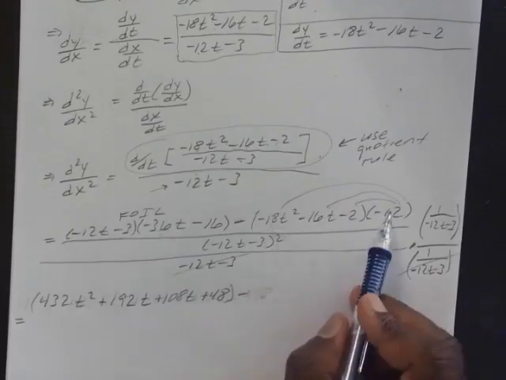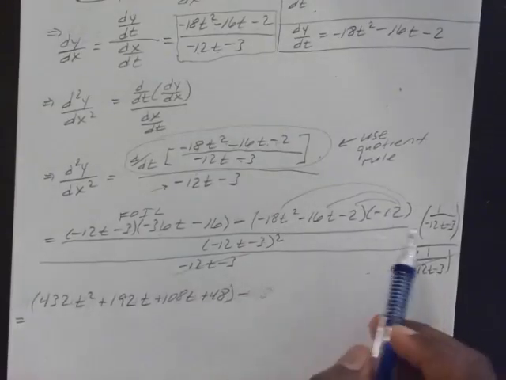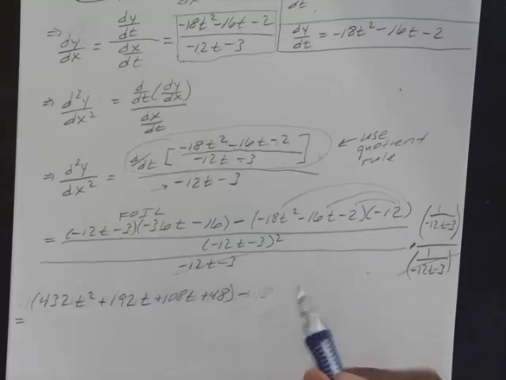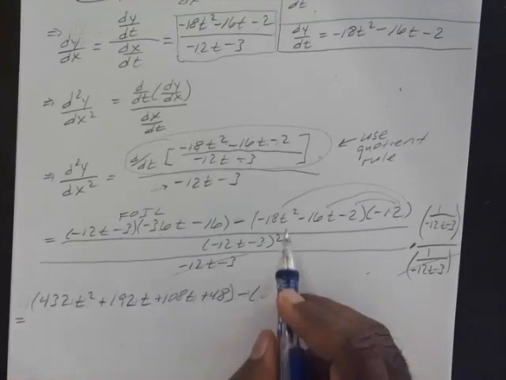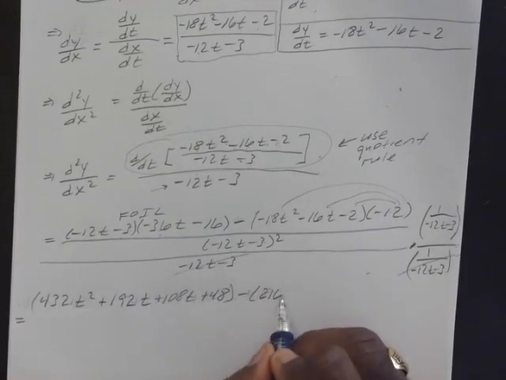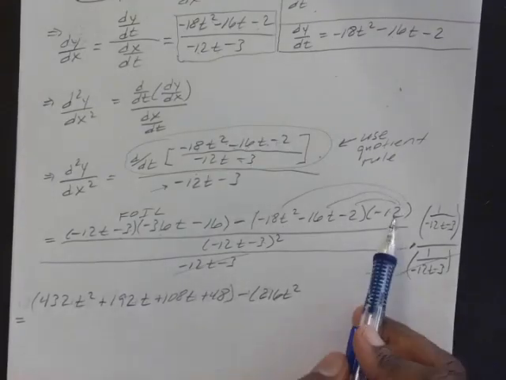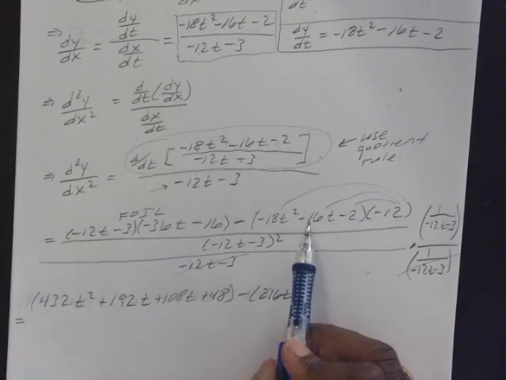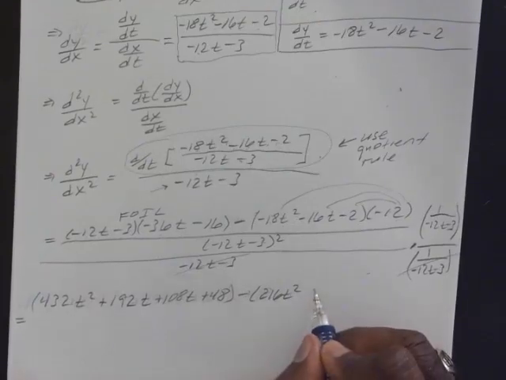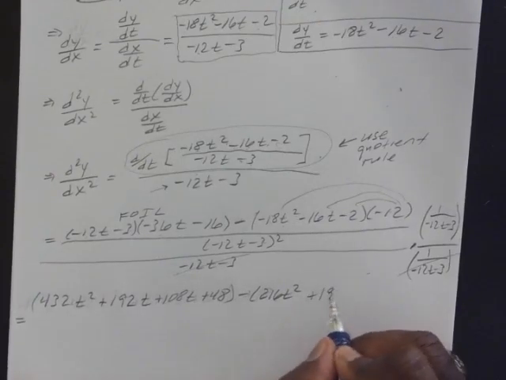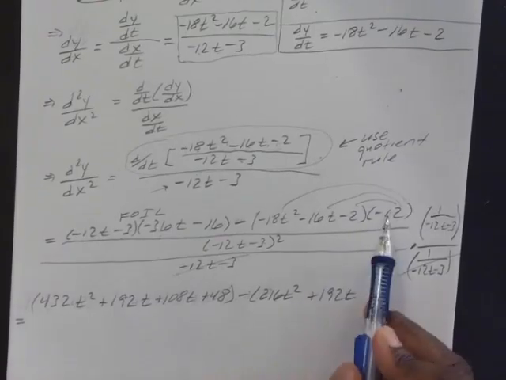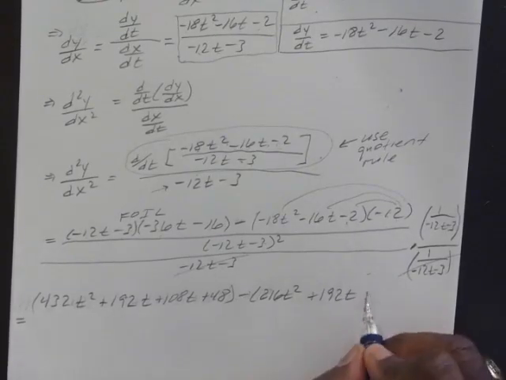So we have 432t squared plus 192t plus 108t plus 48. Minus, and we distribute that negative 12. Negative 12 times negative 18t is 216t squared. Negative 12 times negative 16 gives us positive 192t. And negative 12 times negative 2 is positive 24.